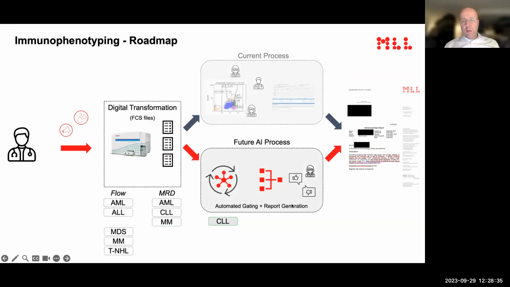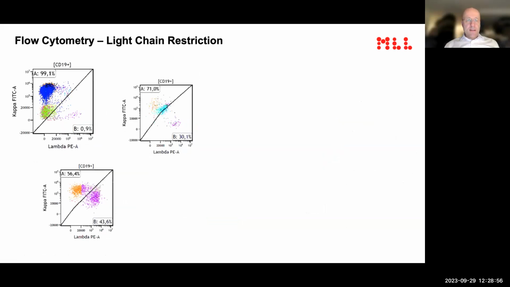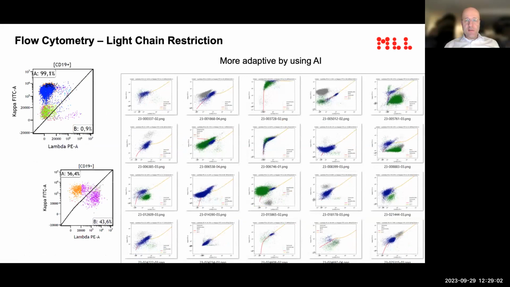This is something we've done with only human intelligence so far, but our goal, of course, is to derive from the readout not only the diagnosis like CLL, but also every piece of information which is needed to then write a report text. And one focus, of course, is the identification of light chain restriction.